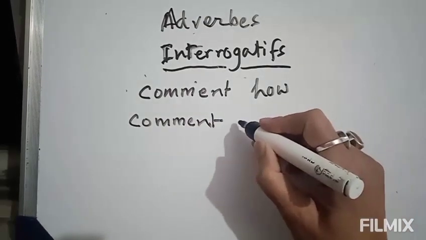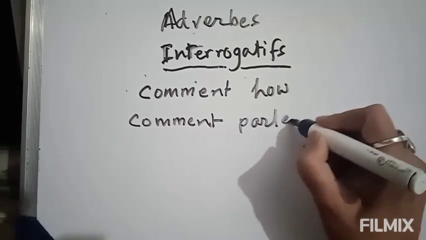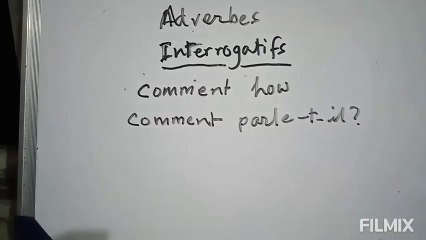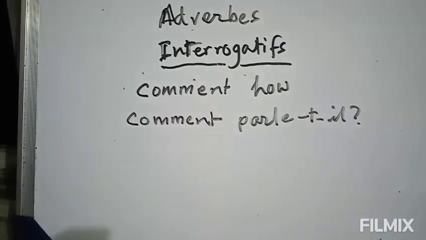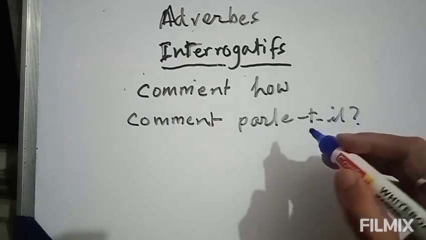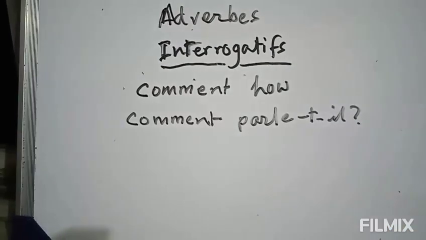Comment parle-t-il? This is an interrogation, that is, how does he speak. In case of interrogation, when the verb comes before the subject, then an extra t is used in case of third person singular. Comment parle-t-il?